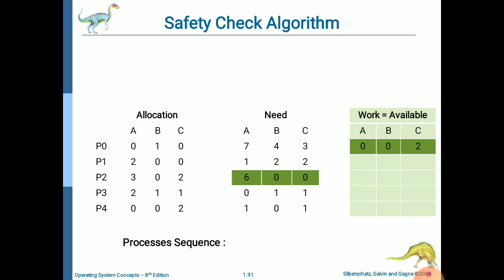You go for the next process, P2. It is also not possible. Then P3, also not possible. P4, also not possible, because the available resources do not satisfy the needs of the processes.